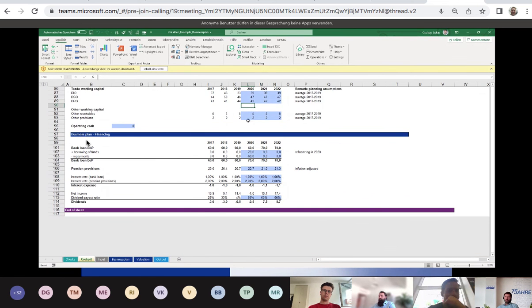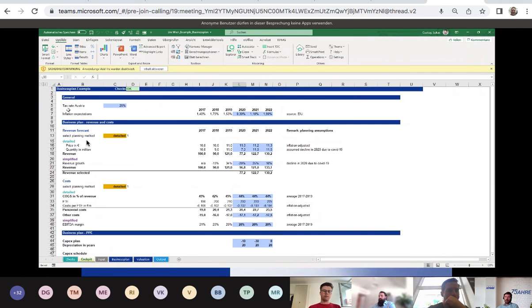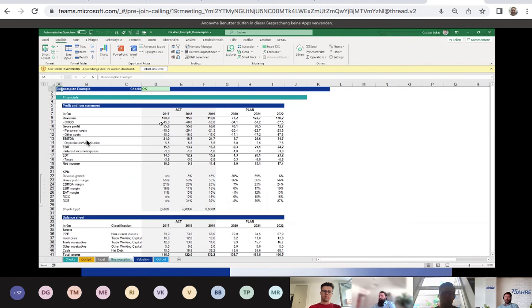What's then important is that this cockpit sheet, where I put in all my assumptions, is directly linked to the business plan sheet. All of the plan figures in the business plan sheet are linked to the cockpit.